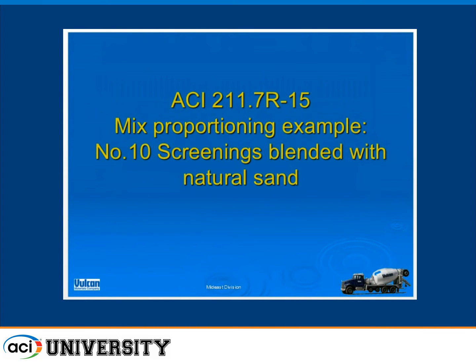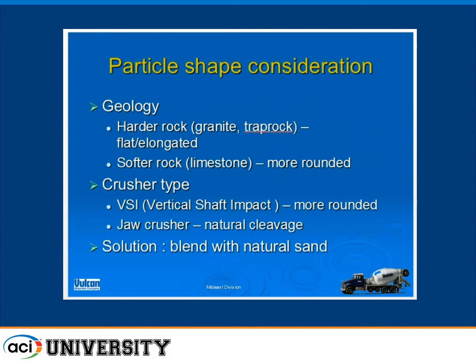Now, Eric went through and gave you an overview on the mix proportioning in the ACI 211.7 document. I want to fill in some of the gaps and get into a little more detail. One of the things we need to consider is that here's a dust of fracture, and the particle shape is not going to be rounded like natural sand. As my aggregate guys tell me, it depends on the rock.